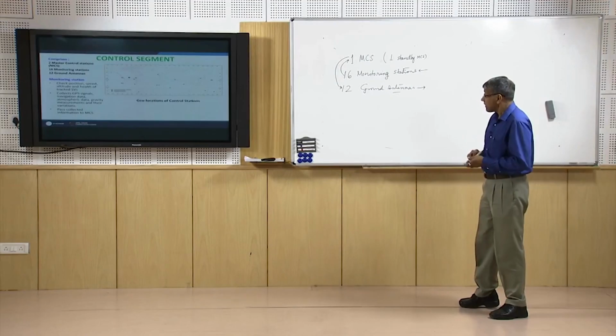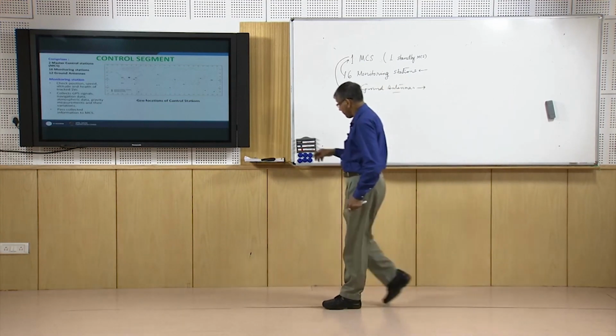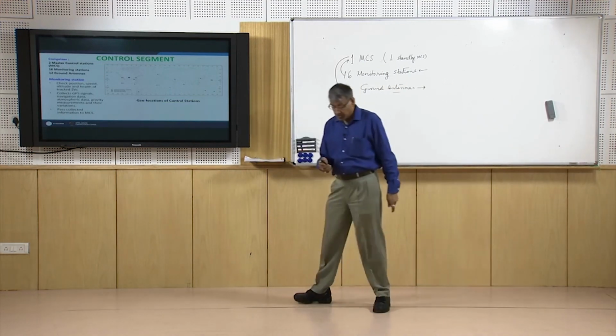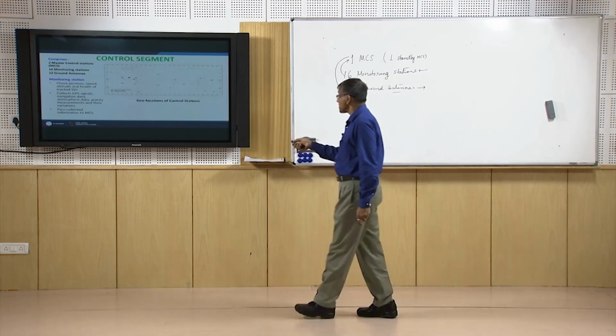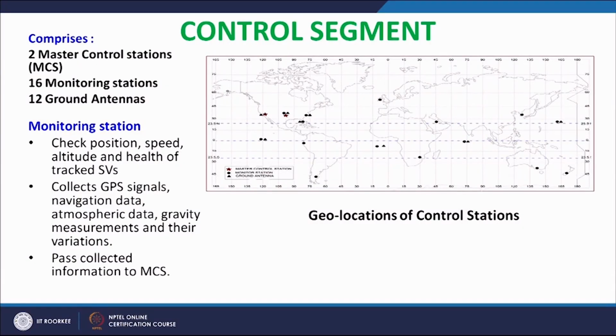Now you can see in this figure the distribution of the different control stations over the earth. The red stars show the location of the master control stations. This is the primary master control station, and this is the secondary master control station. The primary is at Colorado, USA.